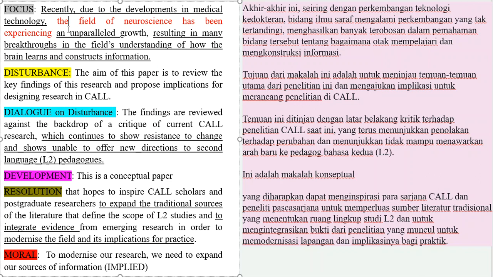If you think you knew something about the brain, you know nothing until you read this paper, right? That's why the author put this word recently. And it says, due to the developments in medical technology, right? We have now breakthroughs. So you better read if you want to be a teacher, right?